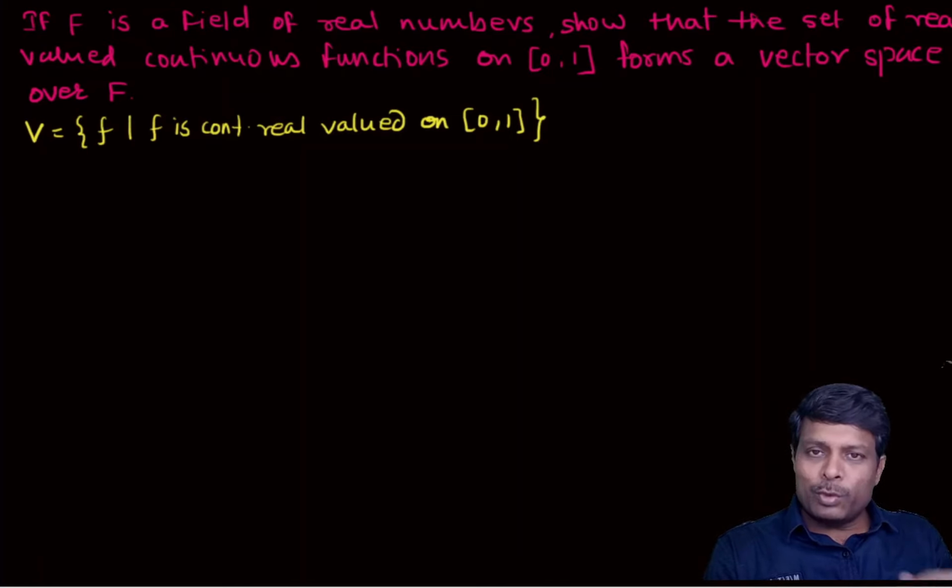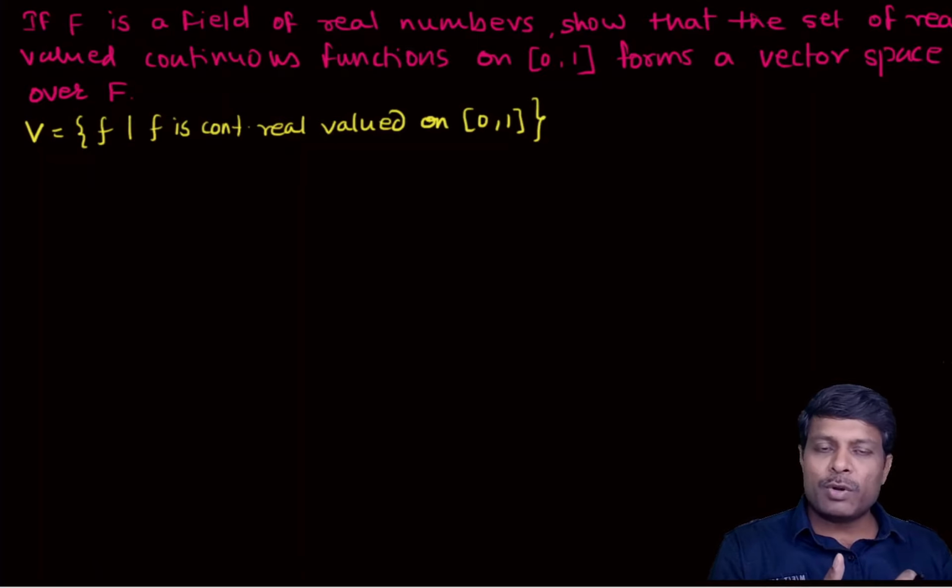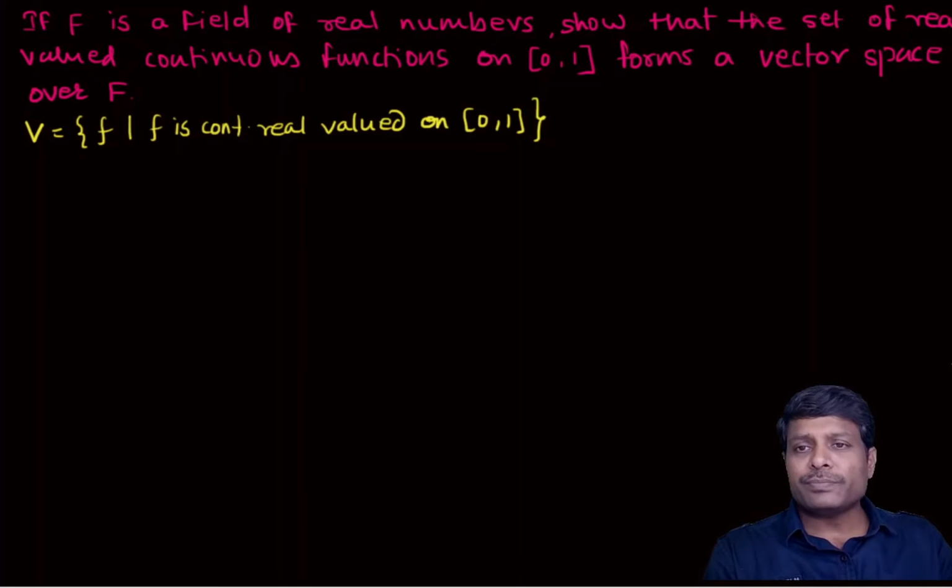And to prove the abelian group, we need 5 conditions: closure property, associative law, existence of the identity, existence of the inverse, and commutative law with respect to addition.